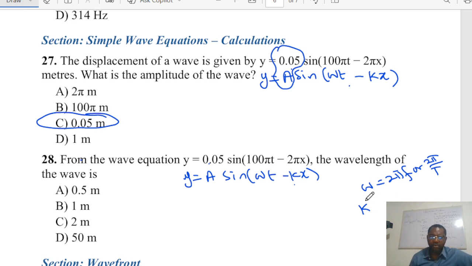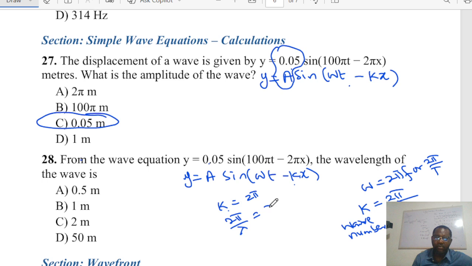The formula for k is 2 pi over lambda. k is called the wave number, in case you're asked. If you compare these two equations, you can see that k is equal to 2 pi. So if we substitute k to be 2 pi over lambda equal to 2 pi, lambda would be 2 pi over 2 pi, which is equal to 1. So the wavelength is 1.